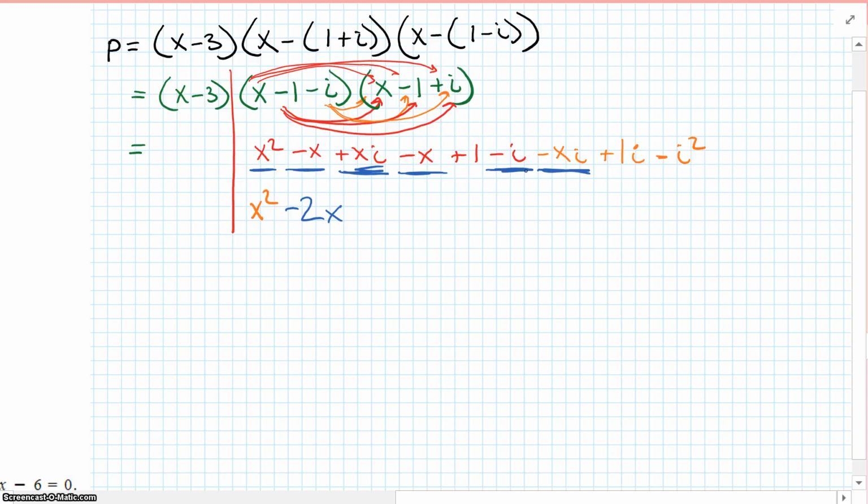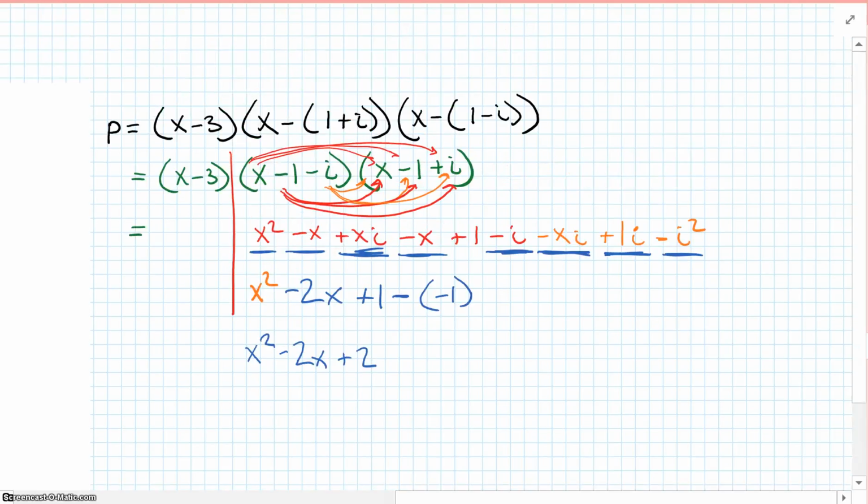So I have a negative i and a positive i, so they cancel. Okay, do I have any integers? Yeah, I have a positive 1. And then I have negative i squared. So it's going to be minus negative 1. So I have x squared minus 2x plus 2. Okay.